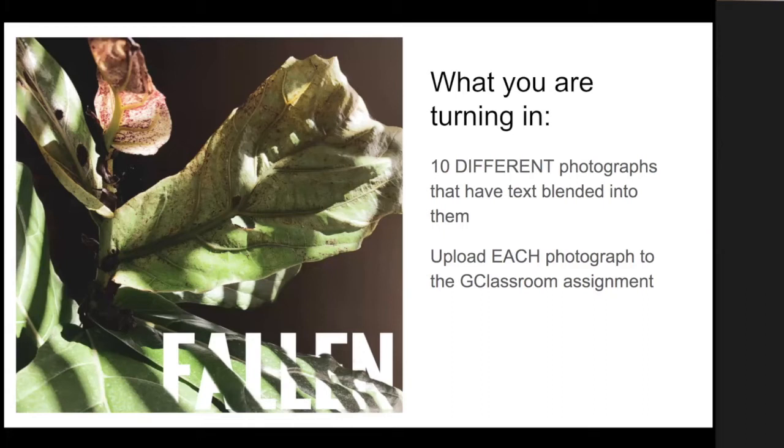So this image that's on the screens, this was one that I did, and I was trying to figure out, well, where's a good place to put the text? I tried putting the text up top, but then I couldn't figure out a good way to have it blending without losing all of the text.